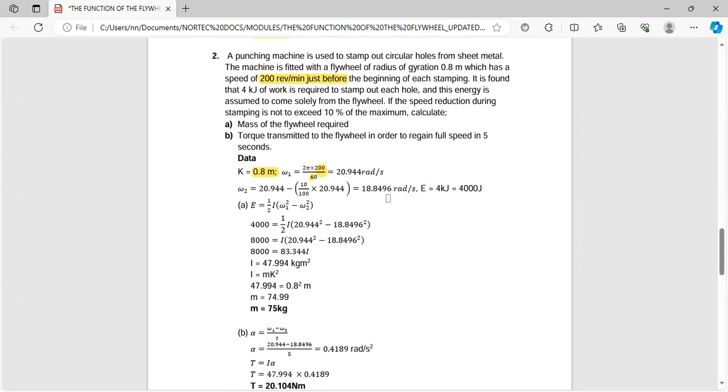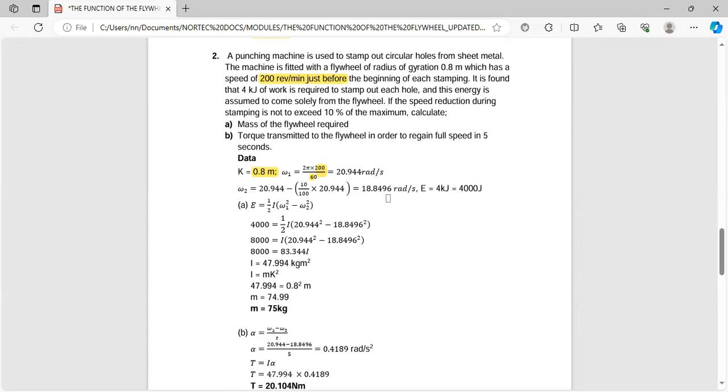So since you have omega 1, you're just looking for omega 2. Omega 2, you will now subtract 10% of what you've been provided with. So 10% of 20.944 is supposed to give us 2.0944. So when you subtract it from 20.944, the end result is 18.8496.